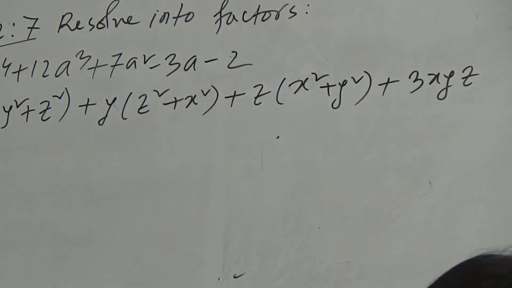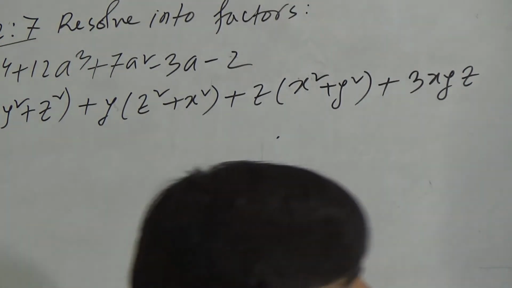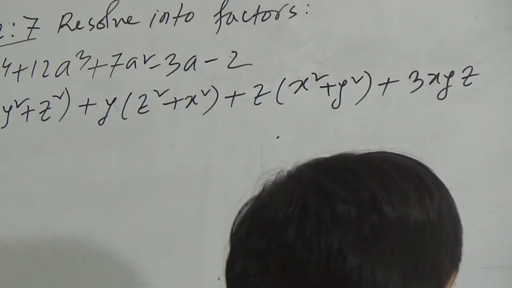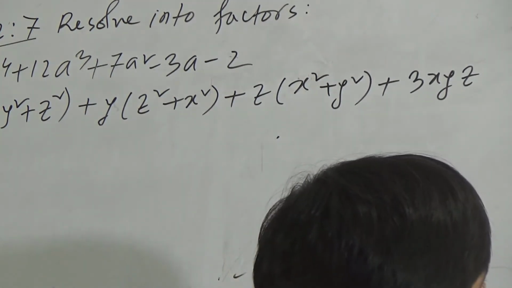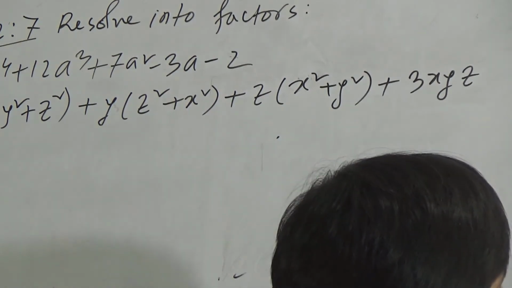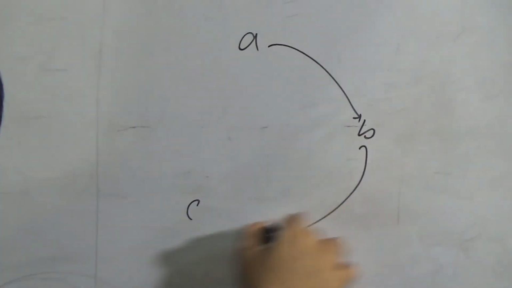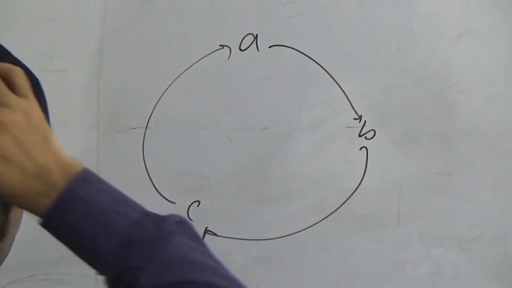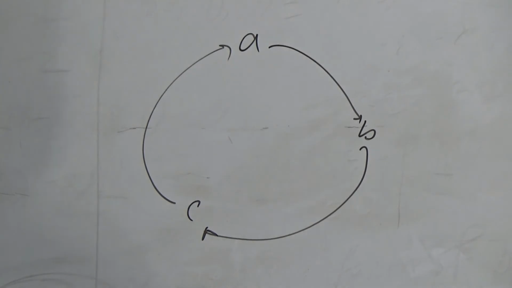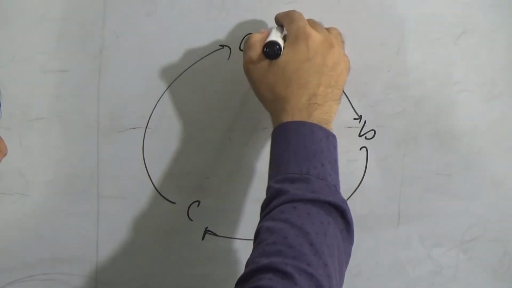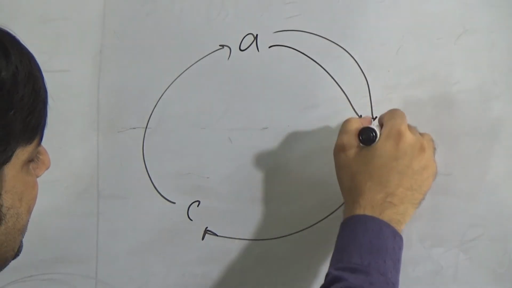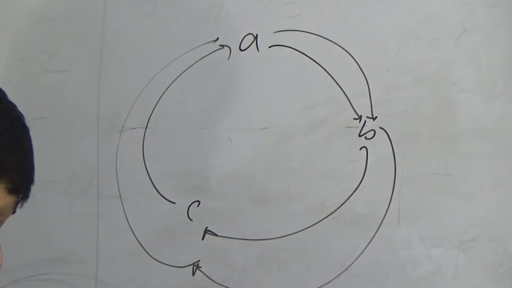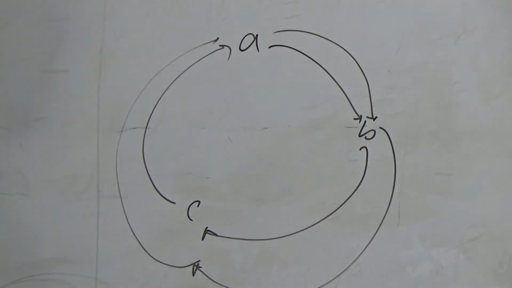So using cyclic expression, if we recall that, we can write here A, B, C. If we consider these three variables, or three numbers, or three symbols, then after A we will get B, after B we will get C, after C we will get A. It means we have to maintain the order in case of cyclic expression.